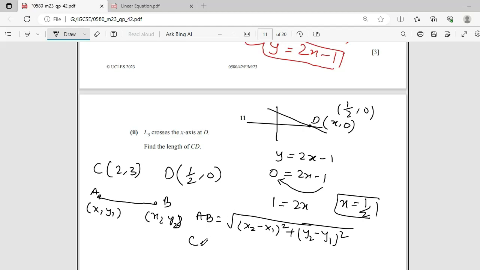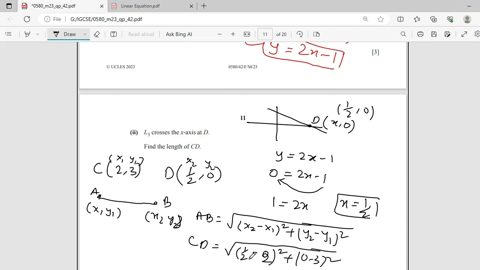So in this scenario, CD equals, I am going to write here, I consider this x2, this y2, this x1, and this y1. So half minus 2, my bad, half minus 2 and 0 minus 3.